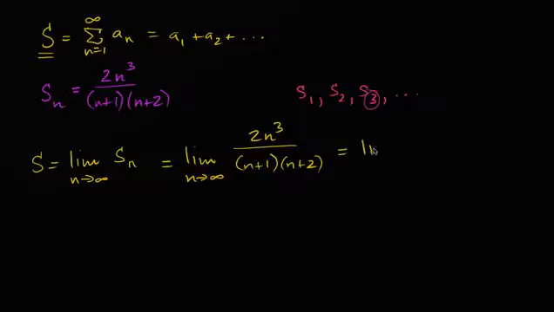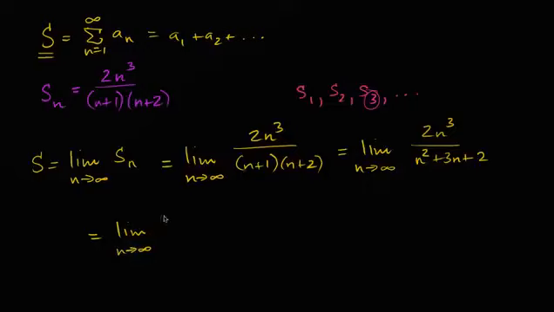But if you want to do it a little bit less hand wavy than that, we can do a little bit more algebra. Limit as n approaches infinity of 2n to the third power over, let's multiply this out, n squared plus 3n plus 2. And we can divide the numerator and the denominator by n squared.